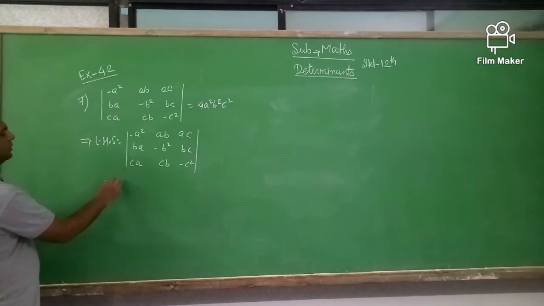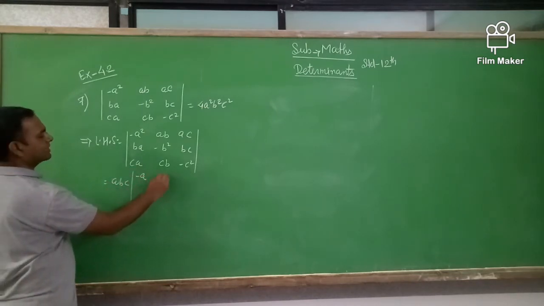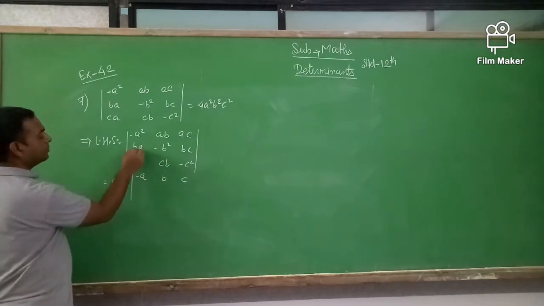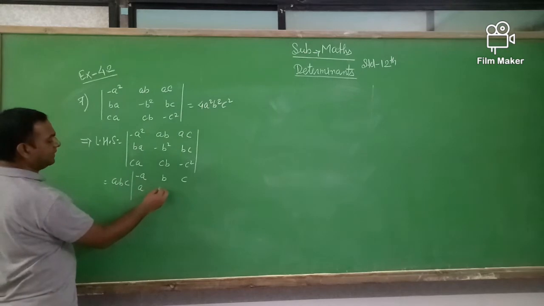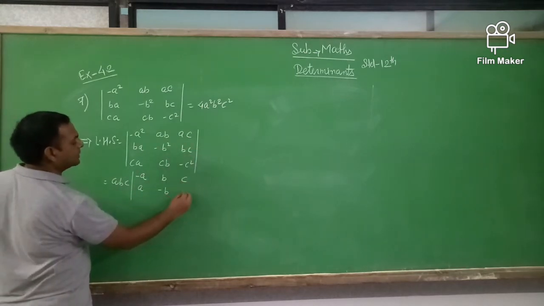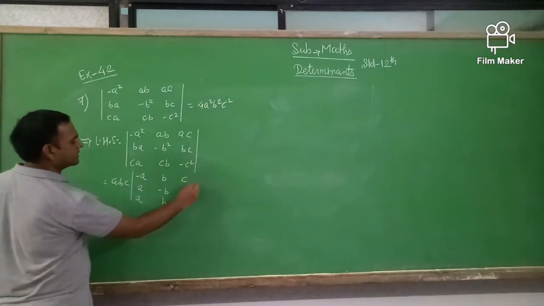So this is equal to abc times the determinant with first row minus a, b, c; second row a, minus b, c; and third row a, b and minus c.